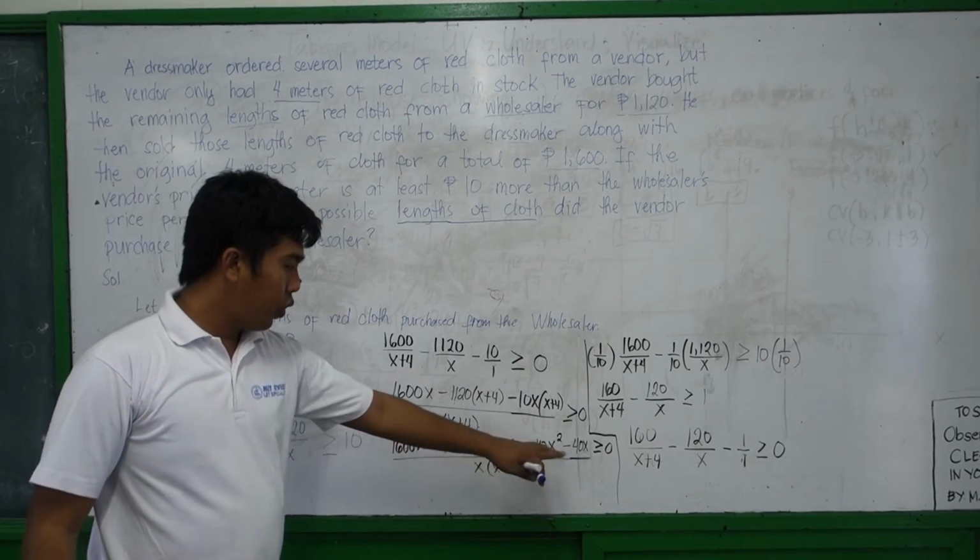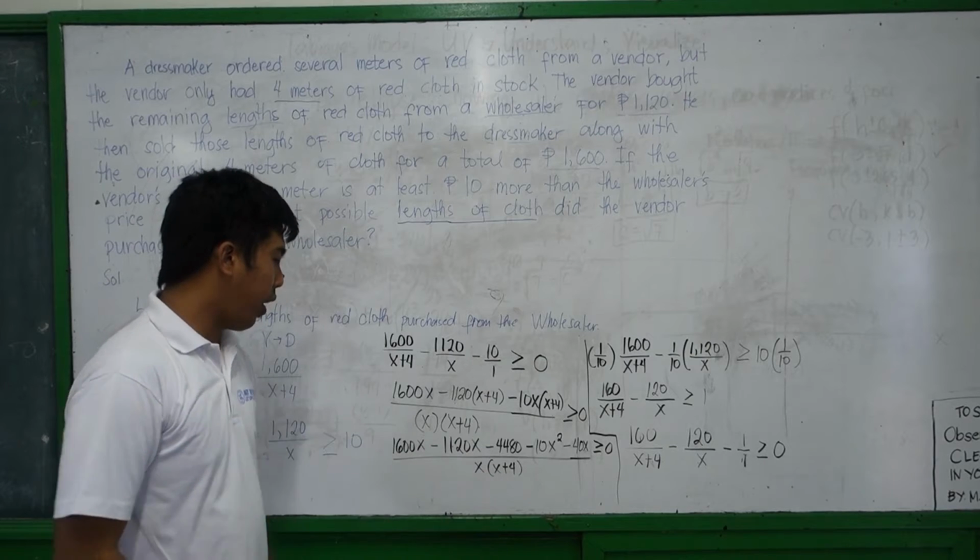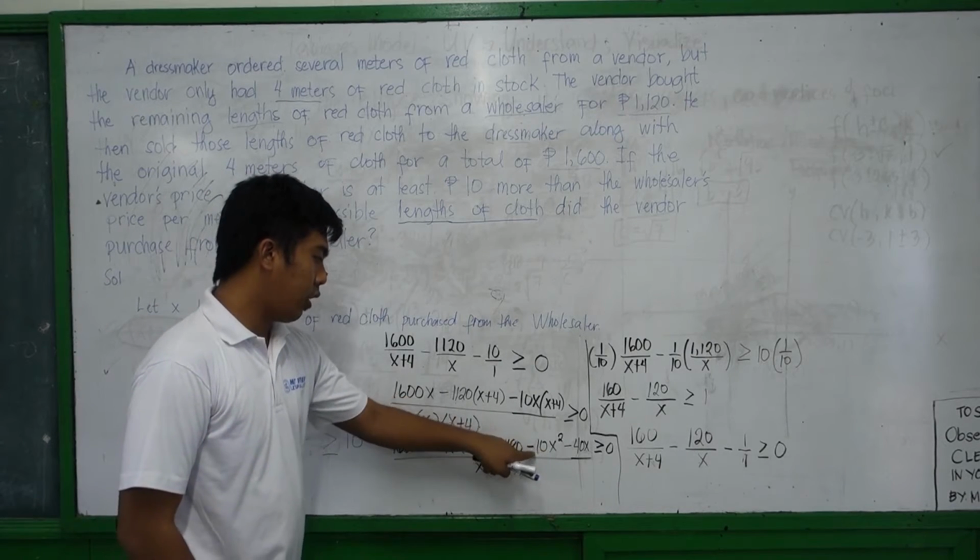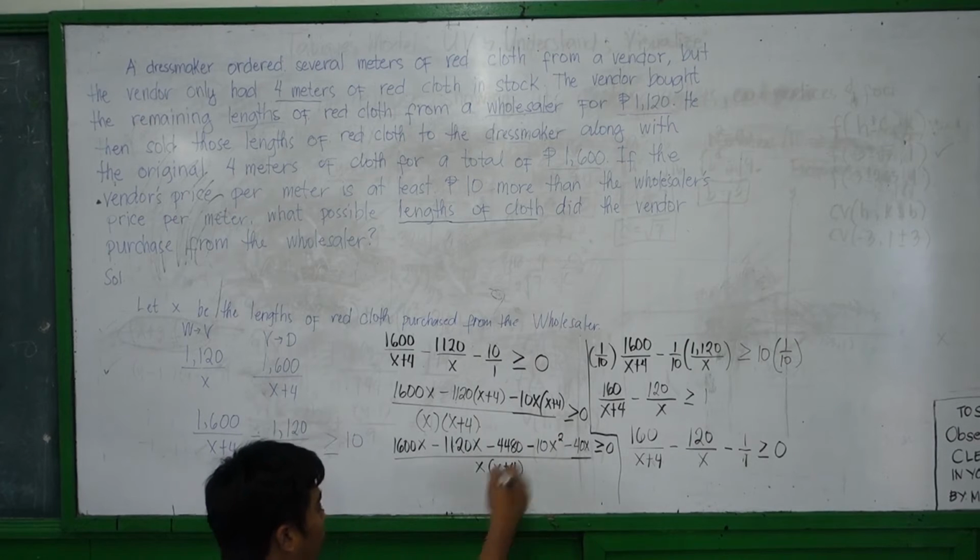Add like terms. Dayon simplify. So unahon na to si negative 10x squared kay x squared man na.